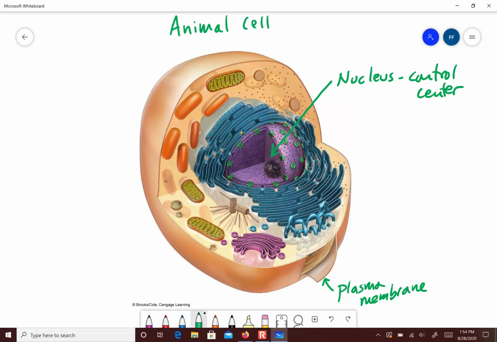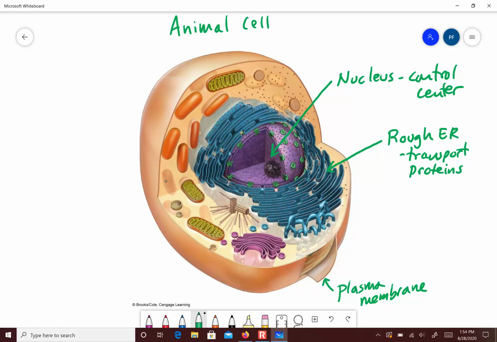All right, this blue stuff that kind of wraps around the nucleus is a structure called the rough ER. The rough ER is going to transport proteins.